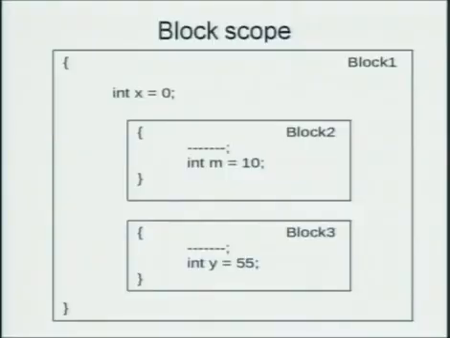When the variables are inside the class, they are part of the class only, called class scope. And when they are part of the block, they are called block scope. Means not only methods, but whenever any local block is created in a Java program and variables are declared in it, they have a block scope. And whenever they are declared as part of the class, they are called class scope. Okay, so here's one example.